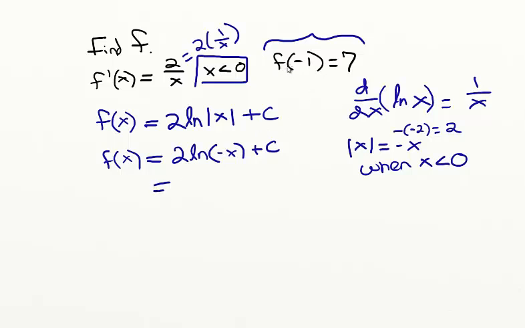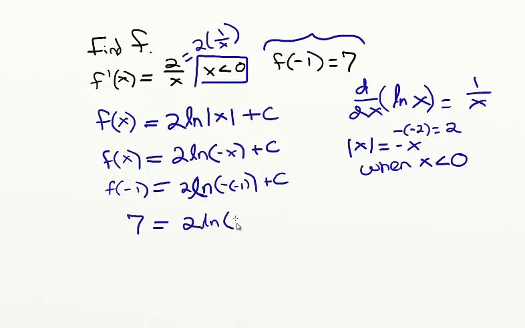Now they give us f of negative 1 is 7. So we can use that to figure out what this constant is. f of negative 1 is equal to 2 times the natural log of negative negative 1 plus our constant. So 7 is equal to 2 times the natural log of 1 plus our constant.